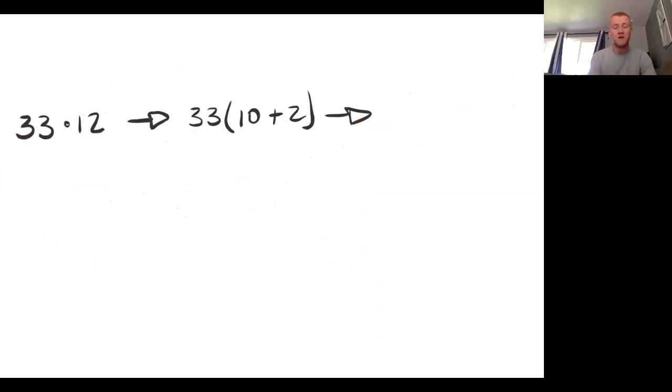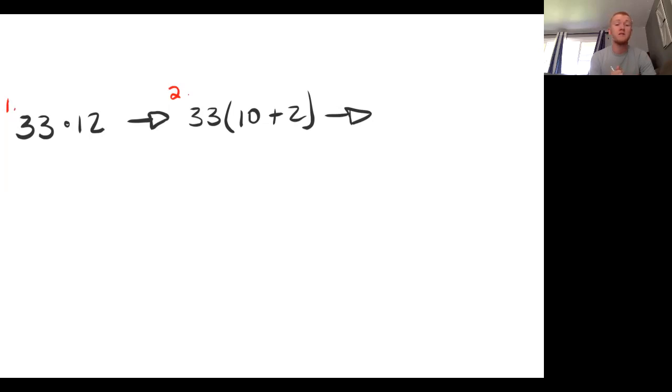So the problem that is on our screen right now is 33 times 12. And this is purely out of your book or packets. So step 1, write out your equation. Step 2, which they've already done for us, is to identify what we want to break apart.